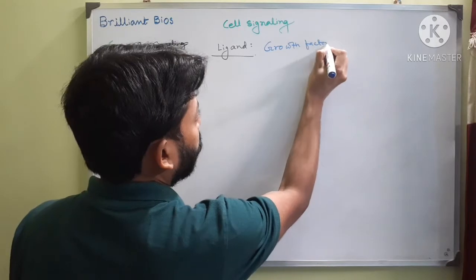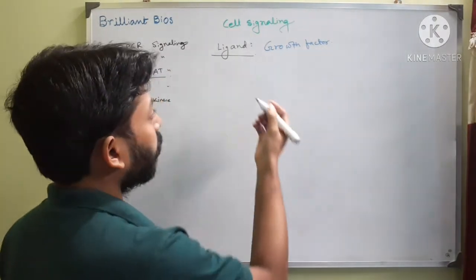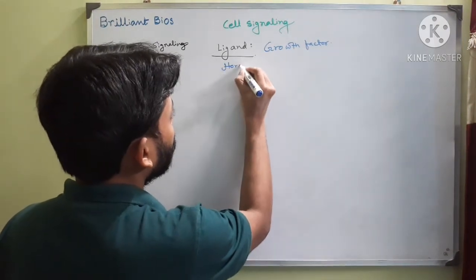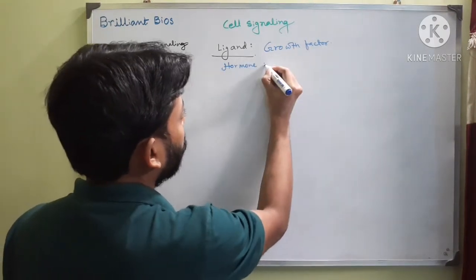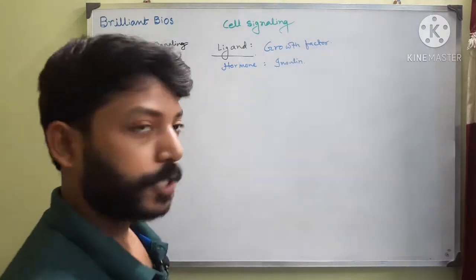Many growth factors that are present in the serum help in the activation of the RTK pathway. And a protein hormone, specifically I want to mention here, insulin, can activate this RTK pathway.